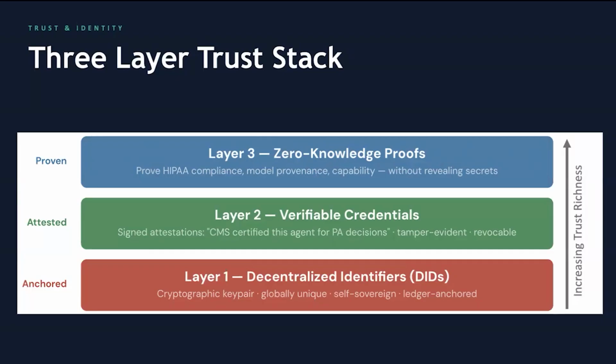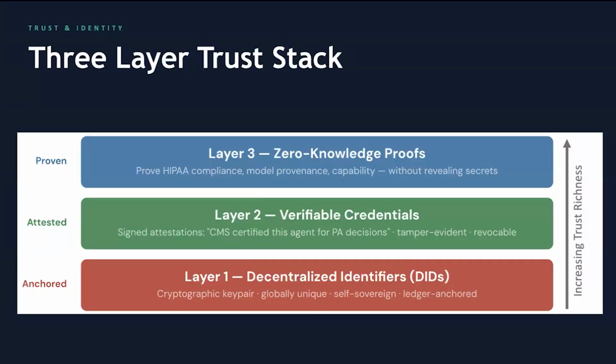A ZKP basically allows one party, the prover, to convince another party, the verifier, that a statement is true without revealing any information beyond the truth of the statement itself. It's a pretty profound objective. ZKPs satisfy three properties.